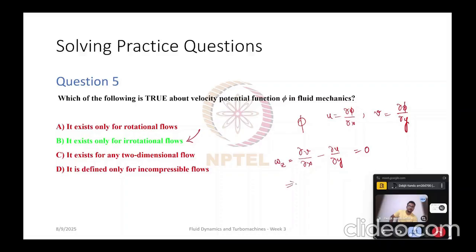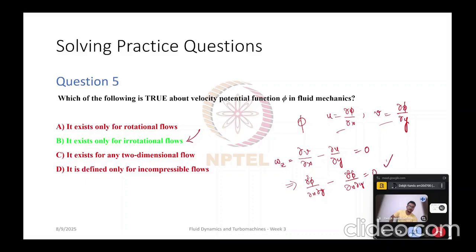Then only, if I now plug in these two values of u and v, we get ∂²φ/∂x∂y, the mixed derivative of phi, being subtracted from itself being equal to 0.